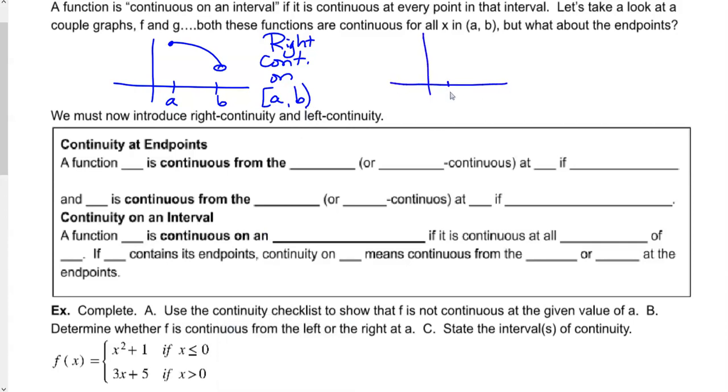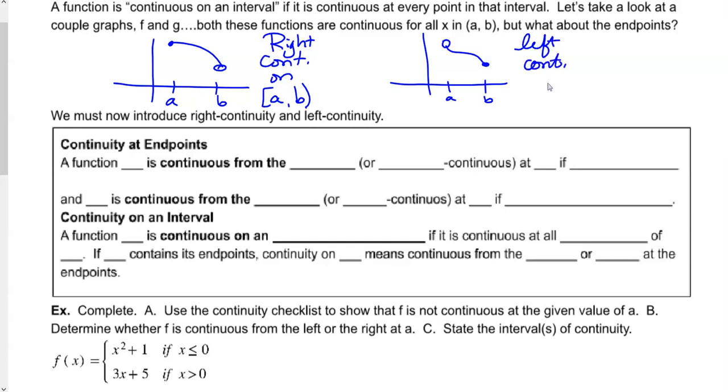Another type of function, maybe an a and b, I'm going to open circle here, I'm going to decrease, and I'm going to be defined by f of b here with a solid dot. So here, I know it's on the right hand side, but we call this left continuous because we are approaching in our limit from the left. So it's kind of backwards.